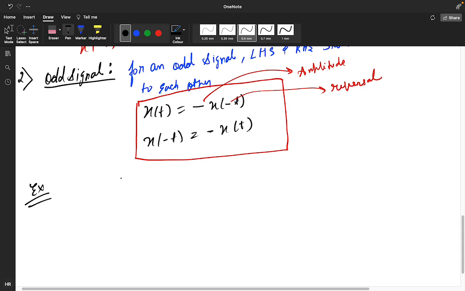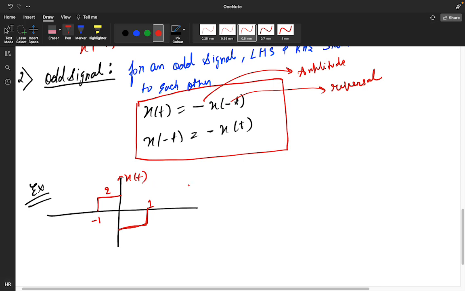Take one example, then you will understand. This part is 2, this is -1, this is 1, this is x of t. So guys, if I do x of minus t, what will I get?